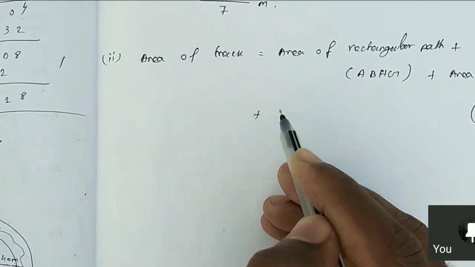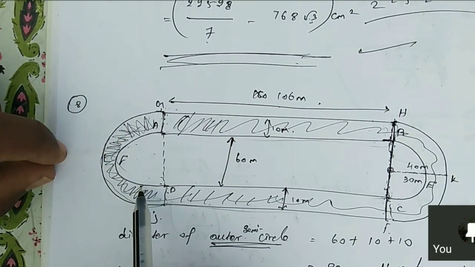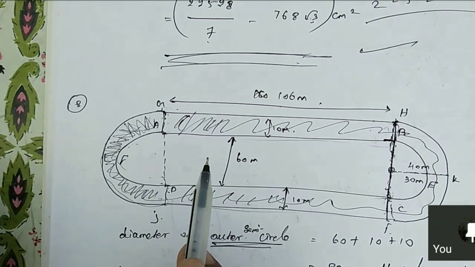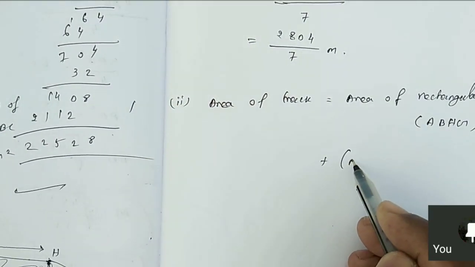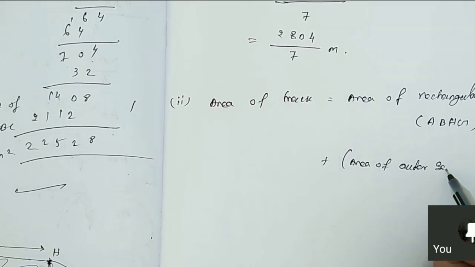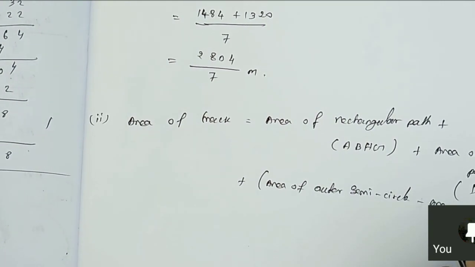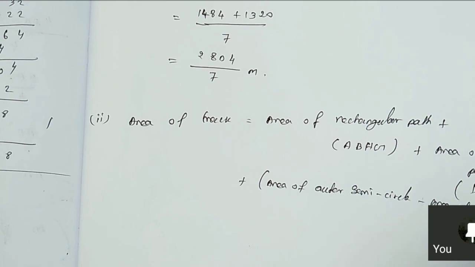Plus, what is it? Area of outer circle minus inner circle area, right? So we should add the area of the outer semicircle minus the area of the inner semicircle, right? Clear?